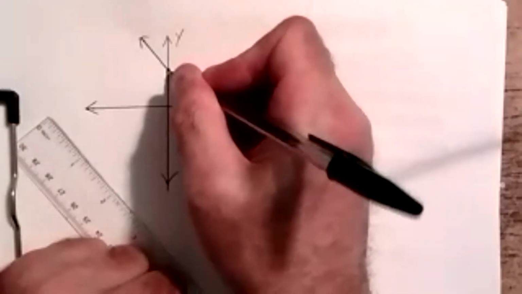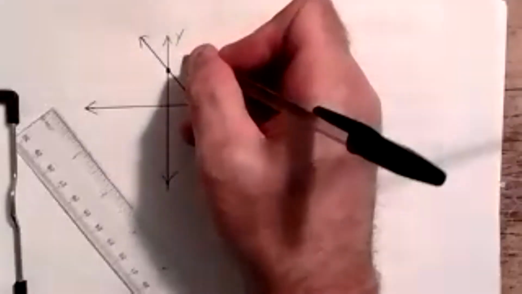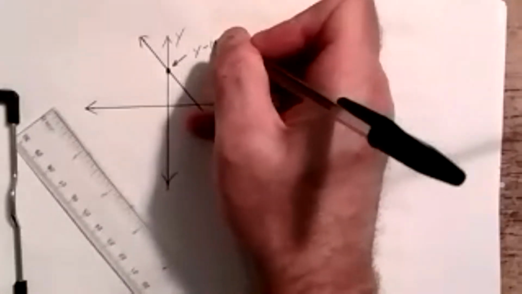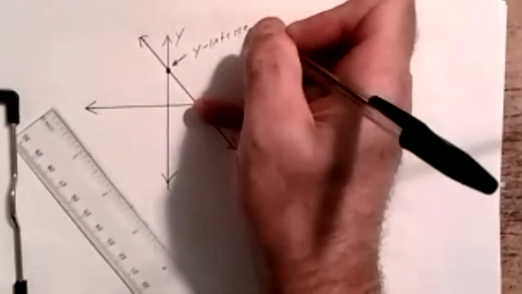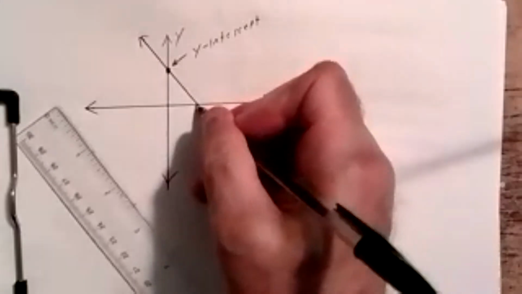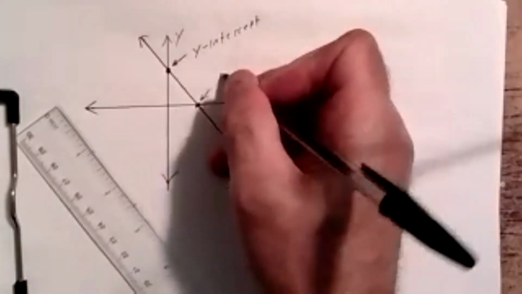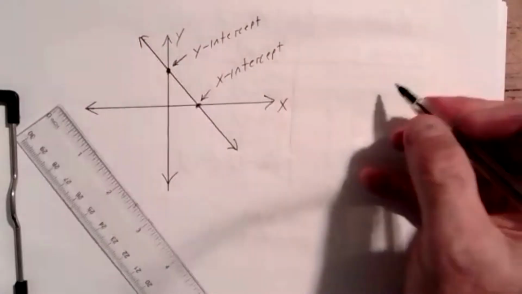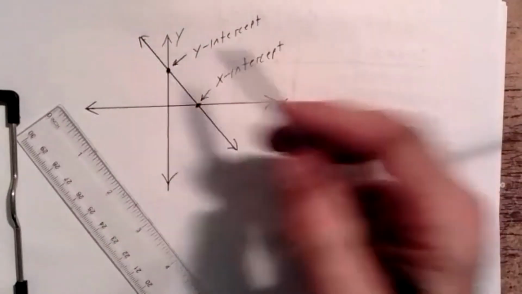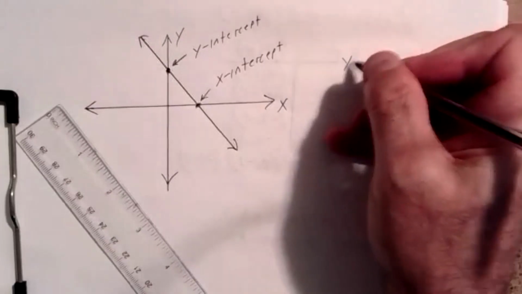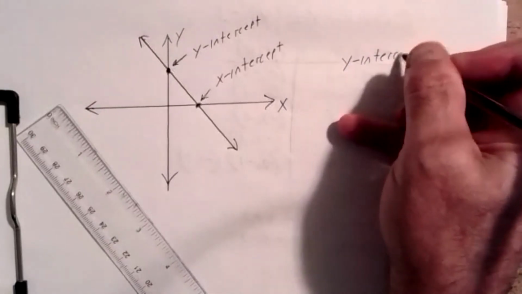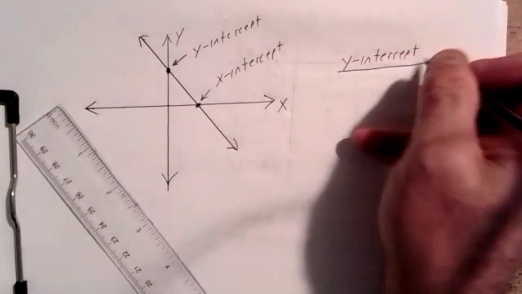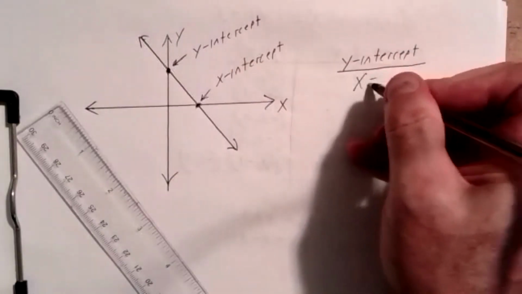The point of intersection between the graph and the y-axis is called a y-intercept. So that would be the y-intercept of this graph here. The point of intersection between the graph and the x-axis is called the x-intercept. Now, notice a y-intercept lies on the y-axis, and therefore, in order to find the y-intercept, we would always set x equal to what? 0.